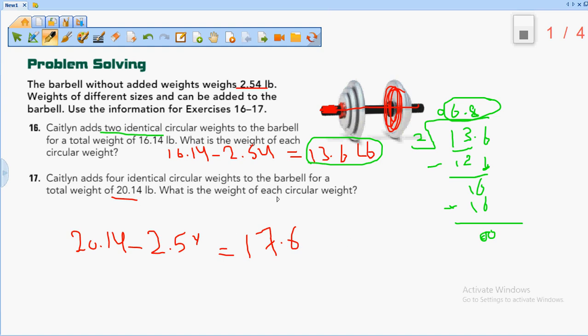When I divide, for the total weight of identical circular weights, what is the weight of each circular weight? Look here, I have to divide by 4, because they added 4 identical circular weights. So 17.6 divided by 4 becomes 4.4. So each circular weight is 4.4 lb.